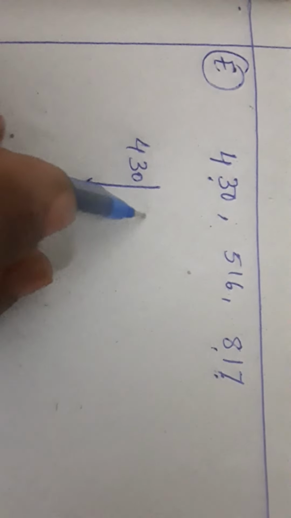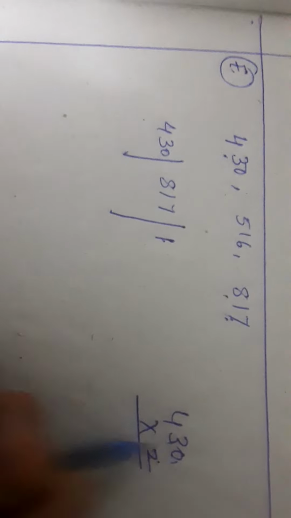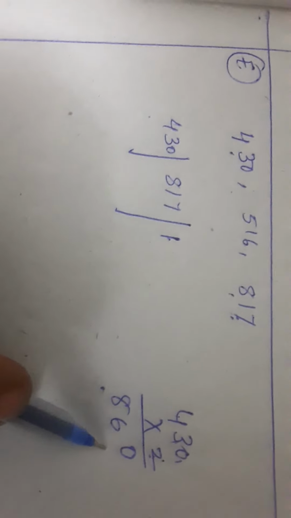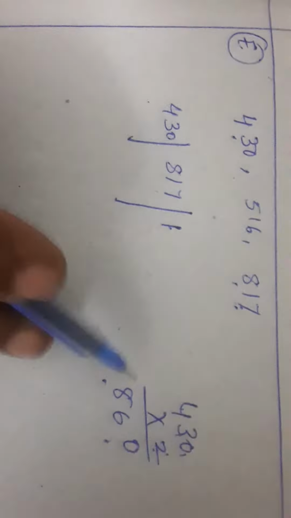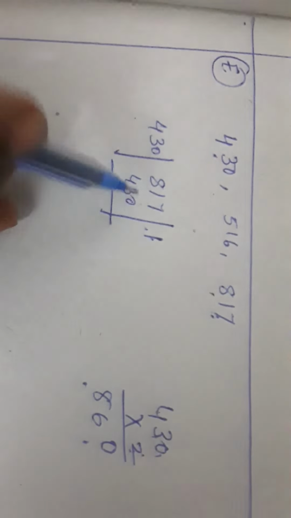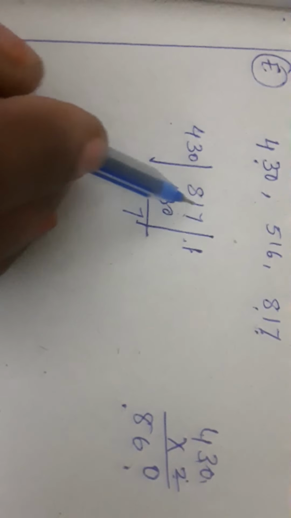430, 817. So 1 time 430 is 430. 2 times 430: 2 zeros are 0, 2 threes are 6, 2 fours are 8. 860. So this is bigger than 817, no? So we are taking only 1 time 430. 1 into 430 is 430. 7 minus 0 is 7. 1 minus 3, we cannot subtract 3 from 1.